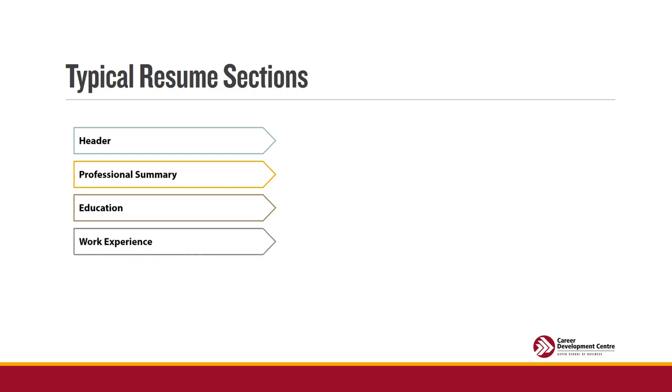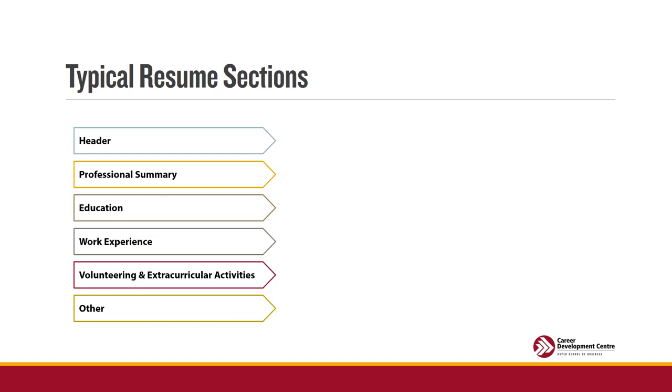Work experience, a list of your past and current paid work experiences, featuring your transferable skills and achievements. Volunteering and extracurricular activities, a list of your past and current unpaid work experiences and activities, presented in the same format as your paid work experience. Other optional sections such as additional and technical skills, projects and research, interests, etc.